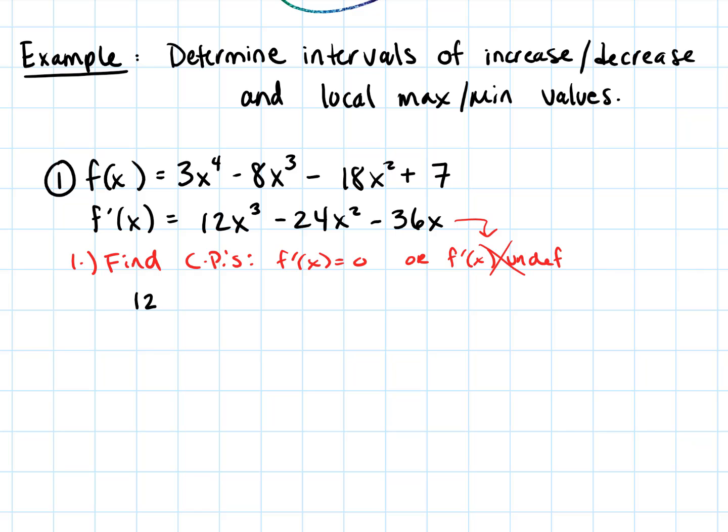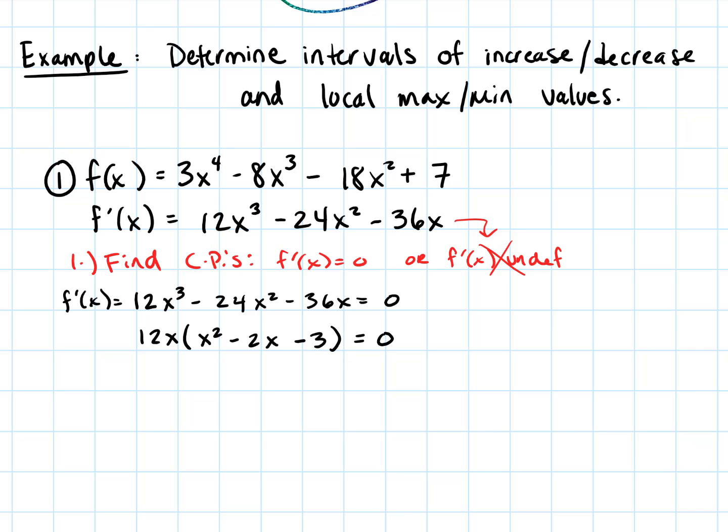But what we do need to figure out is when f prime of x, 12x cubed minus 24x squared minus 36x, is equal to 0. And so looking at this, I notice that we can pull out a 12x. That would give me an x squared minus 2x minus 3.